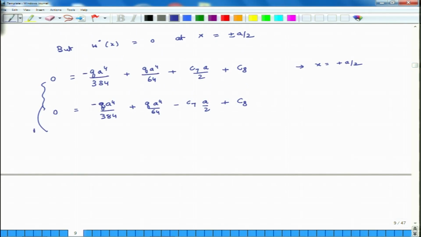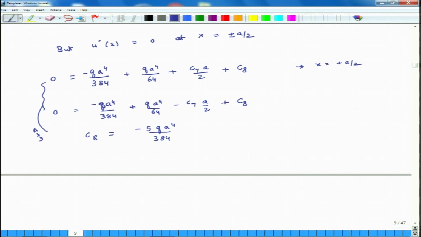So, if you add these up, you get C8 equals minus 5 QA4 divided by 384.